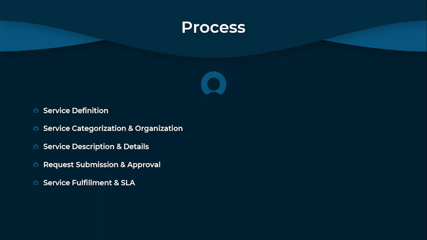Service catalog items may be associated with predefined SLAs that specify the expected response and resolution times for fulfilling requests. SLAs help ensure that service requests are handled promptly and efficiently, meeting user expectations for service delivery.